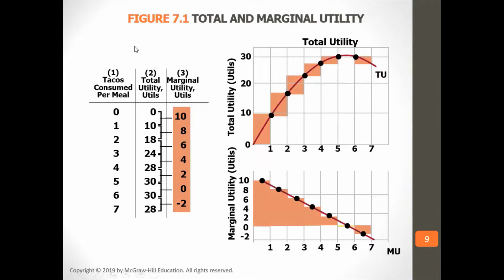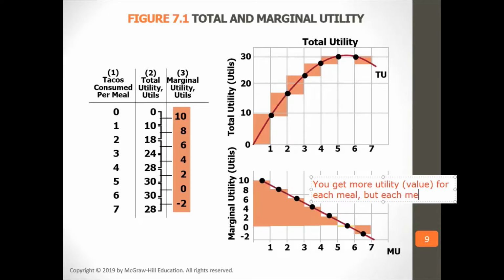So you get more utility value for each meal, but each meal has a lower increase in utility.